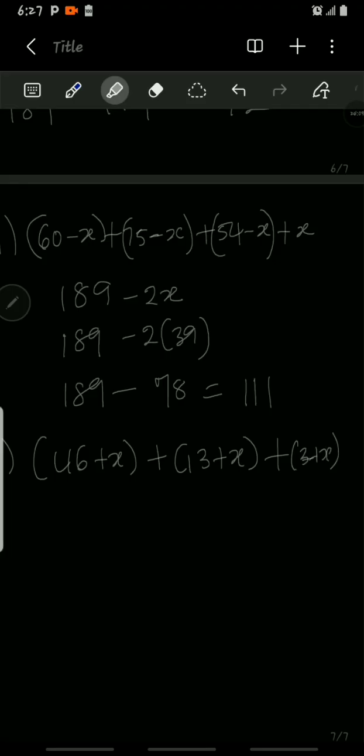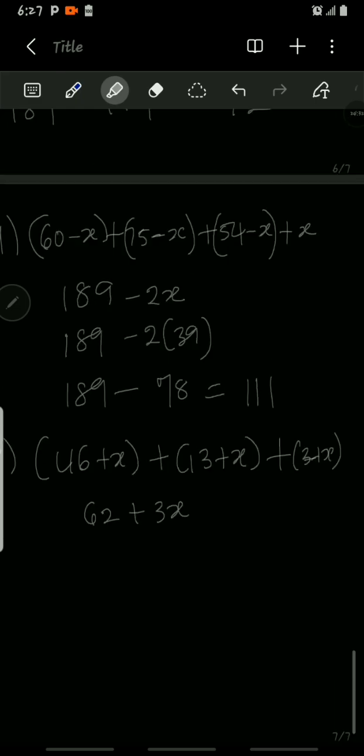Okay, so if you sum it up, 46 plus 13, that's a 59, and a 59 plus 3, that's a 62, right? So if you add the variables now, x plus x is 2x, plus x is a 3x, so we have plus 3x.